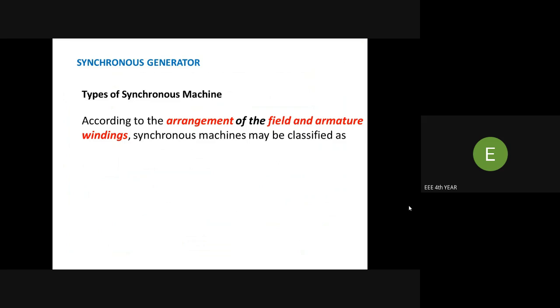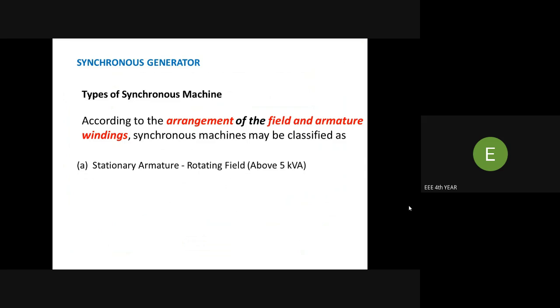Based on the arrangement of the field and armature winding, synchronous machines may be classified as stationary armature and rotating field system, that is, stationary armature winding and rotating field winding. It is only applicable for synchronous generators above 5 kVA.